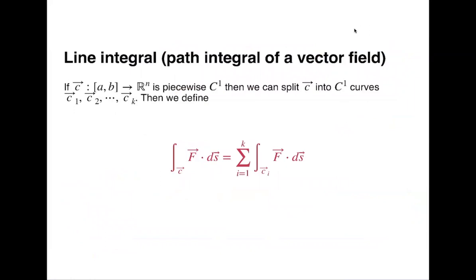If the curve is piecewise C1, like this, there are 3 C1 curves, then we can calculate it along each C1 curve, and we just add them together.